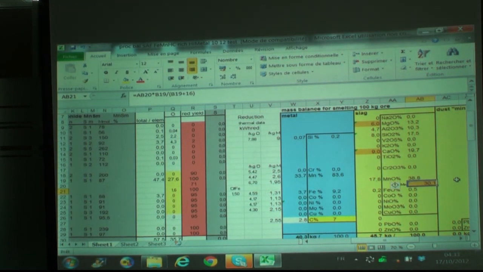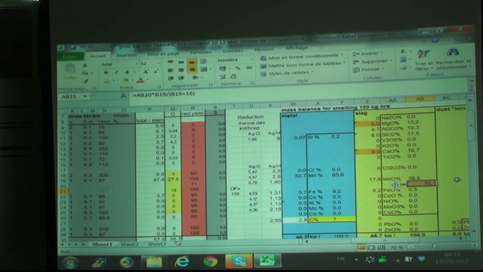Okay? And we want to know the percentage Mn, and this is 39 times, because Mn is 55, oxygen is 16, so the part of Mn in the 39% is 39 times 55 over 71.